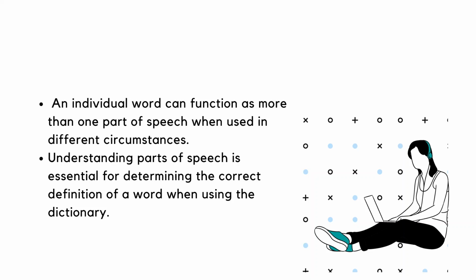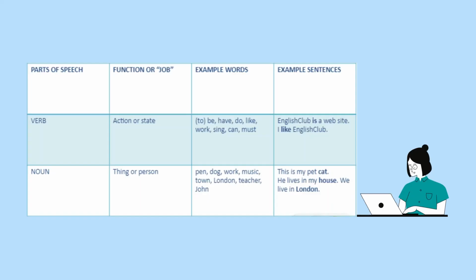Now, after this, we will see each and every part of speech in more depth. As you can see on your screen, the parts of speech with its usage, that is, its function, its example words and its example sentences are given. Firstly, let us start with verb. Its function is, it defines an action or state.